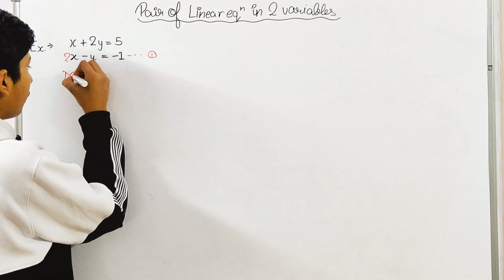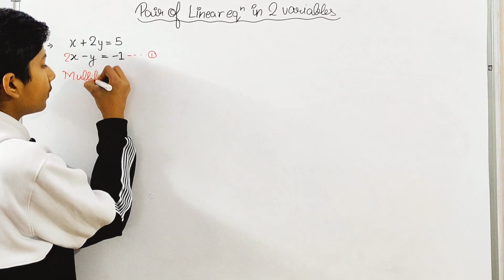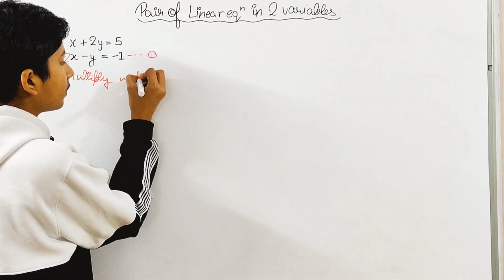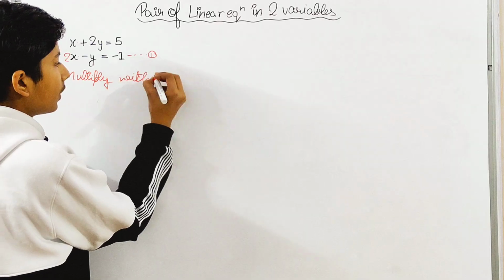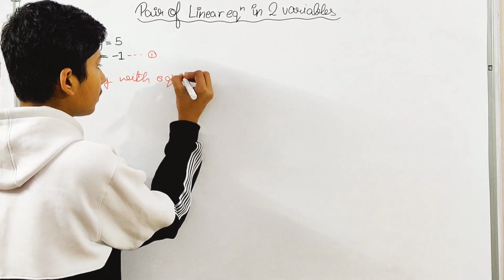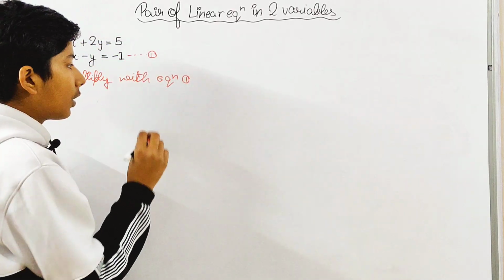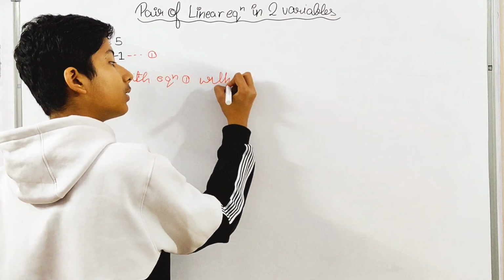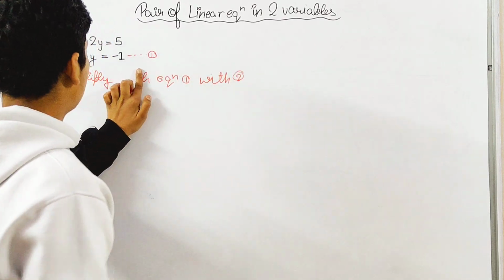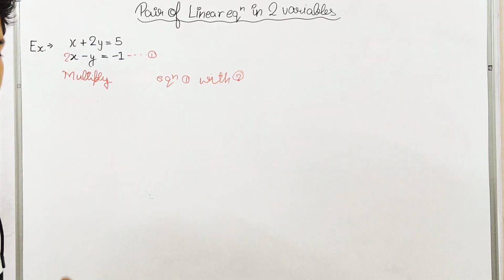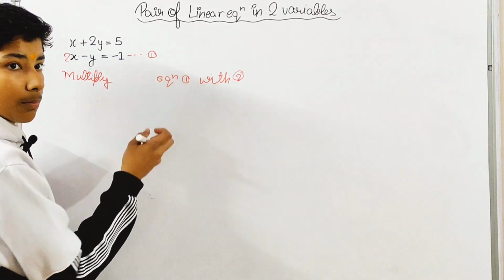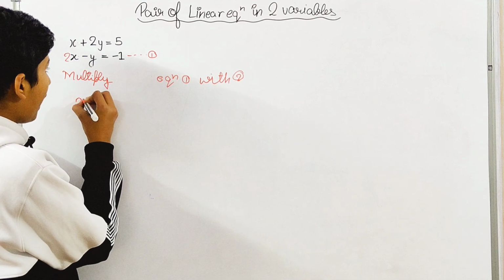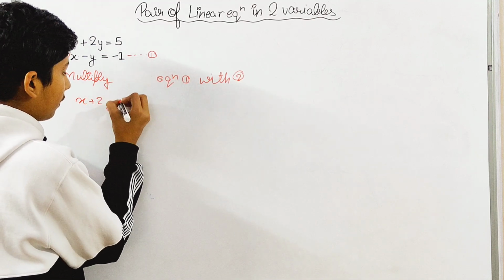Now we'll multiply equation 1 with 2. So when we multiply it with 2, it will become x plus 2y equals to 5.